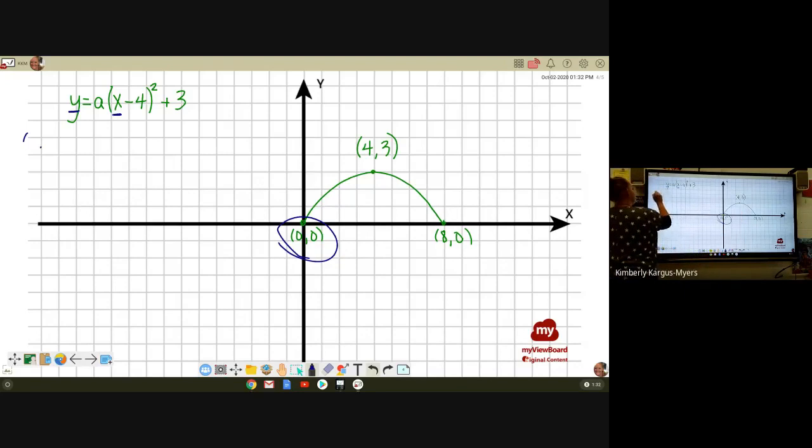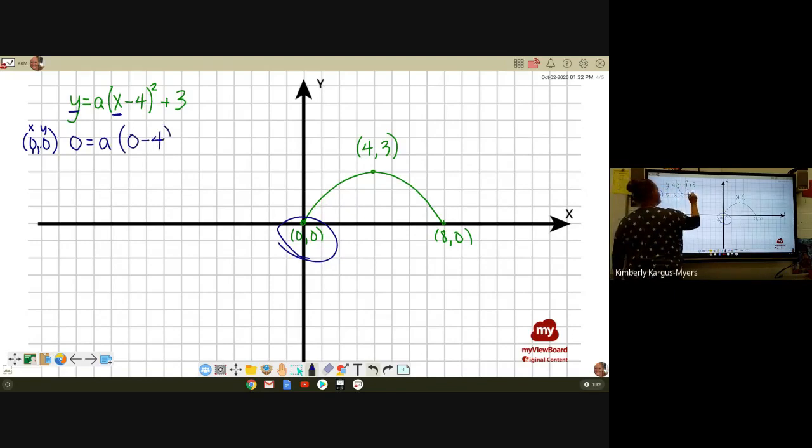If you want to use (8, 0), great. If we use (0, 0), that's a point on our parabola, so I'm going to plug that in. This is an x, this is a y. 0 equals a times, here's my x, minus 4. I just plugged them in. Again, if you want to use (8, 0), go for it.